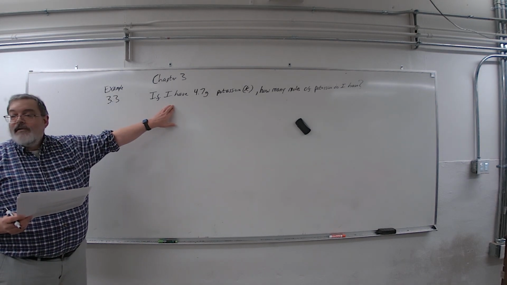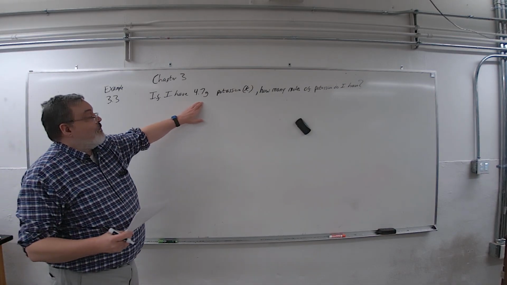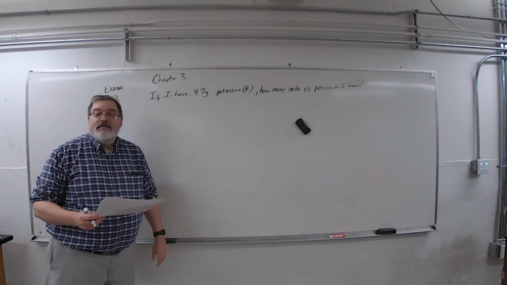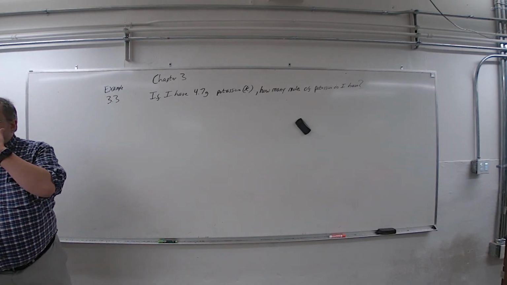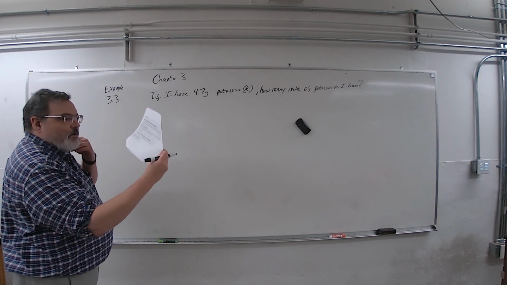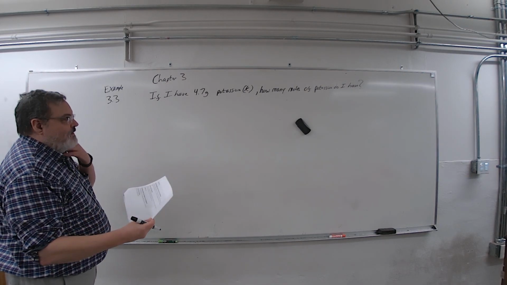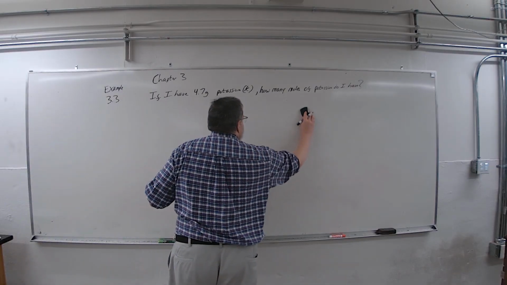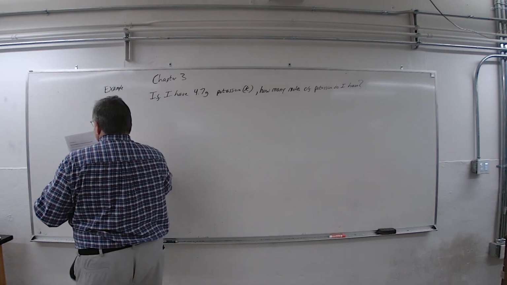It's just telling you to convert 4.7 grams of potassium to however many moles of potassium 4.7 is. See what I'm saying? So using these to practice, you're going to have to rephrase them the way I do. But it's good practice just to see that it's the exact same question.